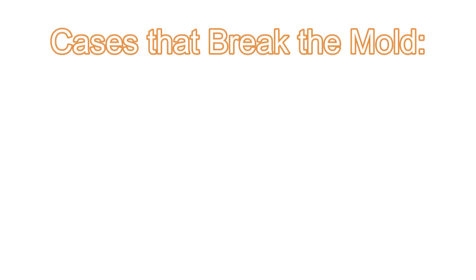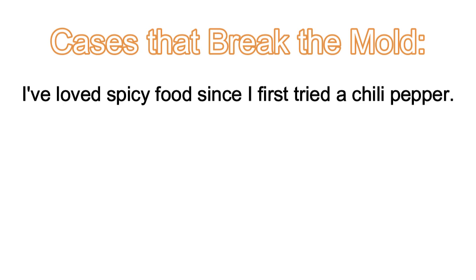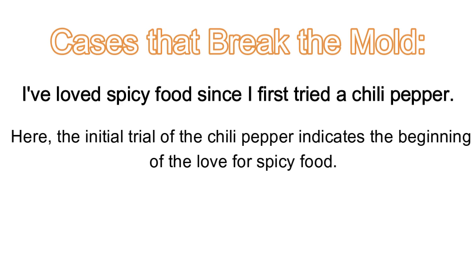At times, since can follow a past simple action, but this action is viewed as a starting point, not a continuation. Some examples would be, I've loved spicy foods since the first time I tried a chili pepper. Here, the initial trial of the chili pepper indicates the beginning of my love for spicy food.